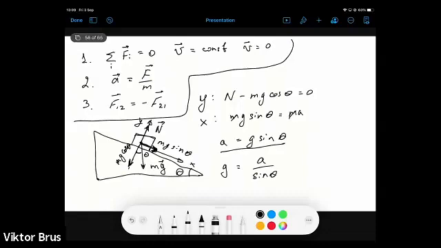If we keep sine theta small, then a will also be small, and it's easy to measure a small acceleration at high accuracy. So such an approach could help to determine the acceleration of free fall with high accuracy. So this is the frictionless example. We will come back to this with static friction a little bit later.